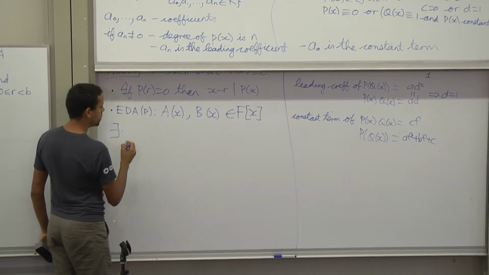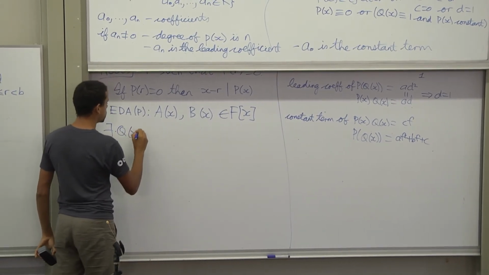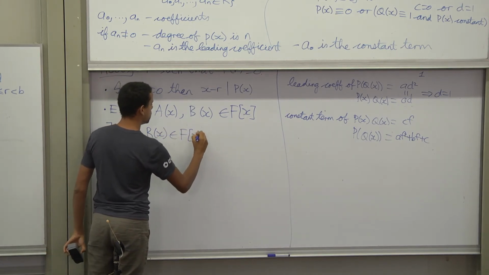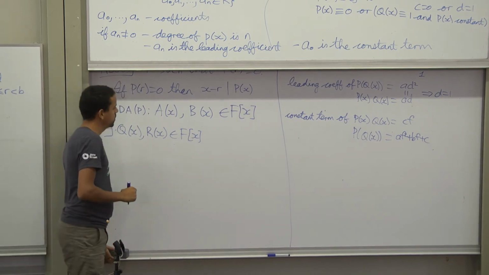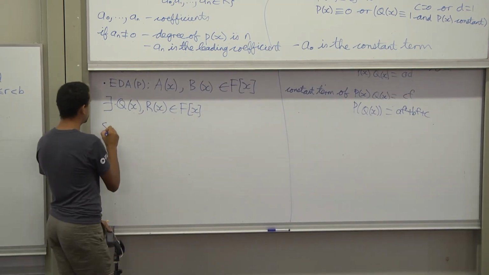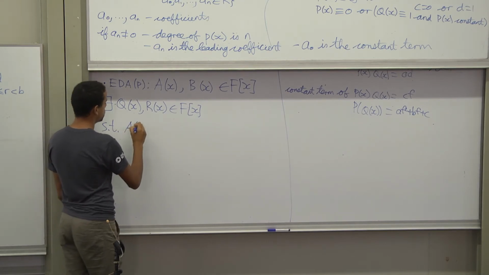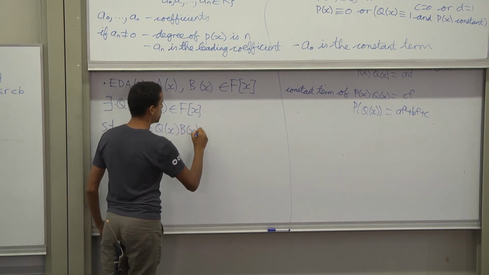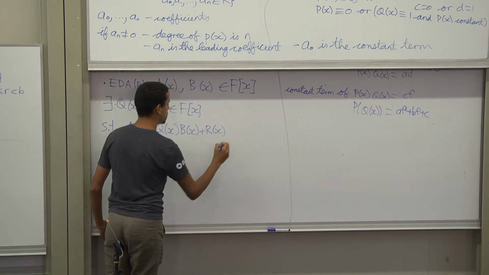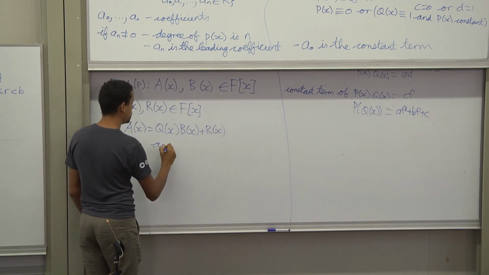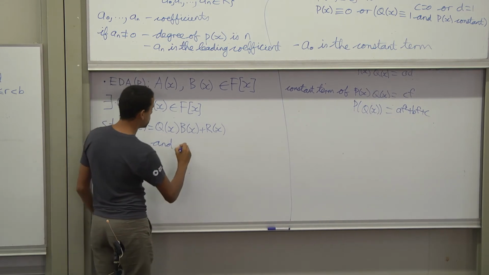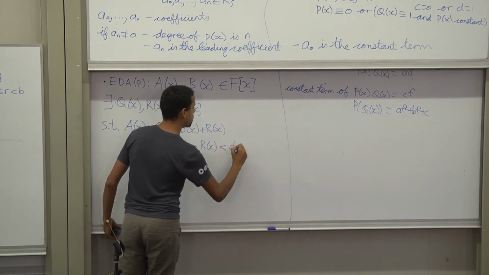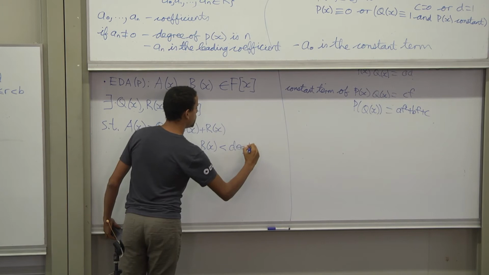There exist other polynomials q and r of x with coefficients in the same field, such that a of x is q times b plus r, and the degree of r is less than the degree of b.